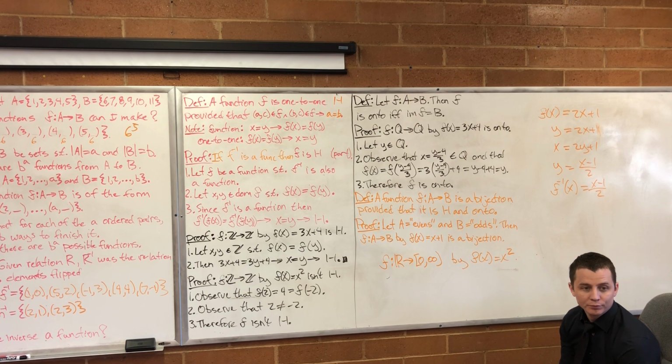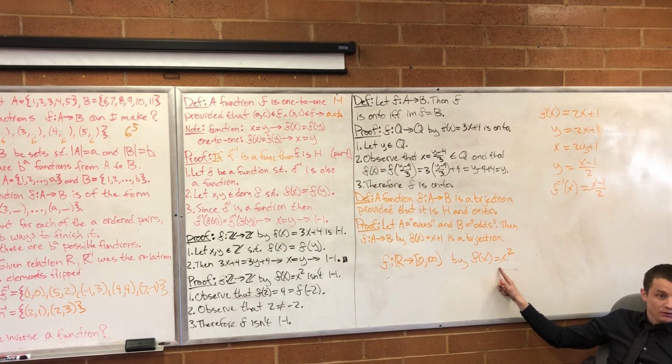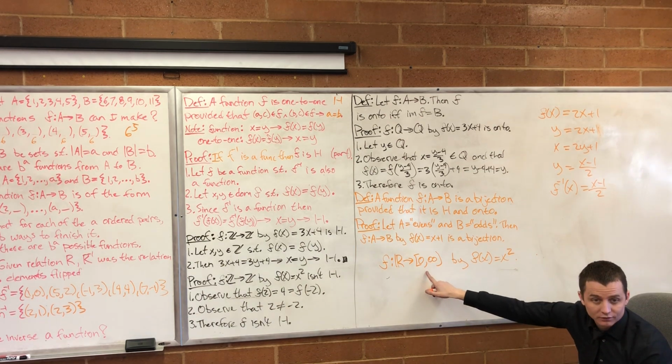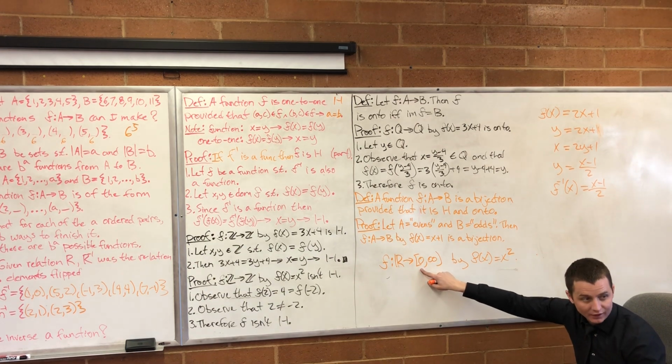Okay. Right? It's onto. How do I know this function is onto? What are all the values this function spits out? We already talked about this. All the numbers greater than or equal to 0. Right? That's what this is. So the image of this function is this set.